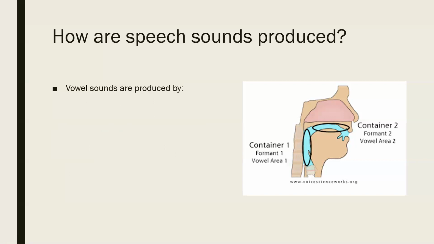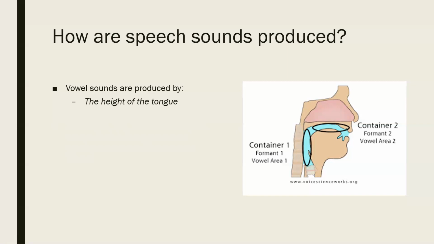If we want to make a vowel sound with our vocal tract, for example, that sound can be changed by a few different factors, one of which is how high our tongue is in the mouth. If our tongue is at a really high height, that makes container 1 here fairly long and container 2 very thin.